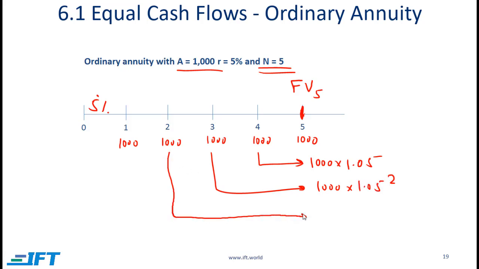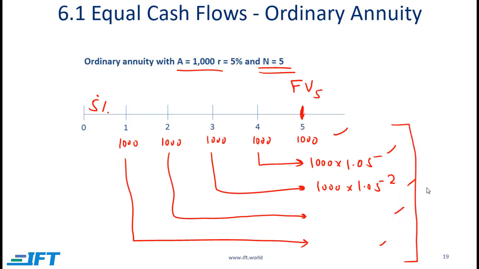This is going to be compounded 3 periods. This is going to be compounded for 4 periods. You take all these numbers, and you add them up, and what you should get is 5,525.63.